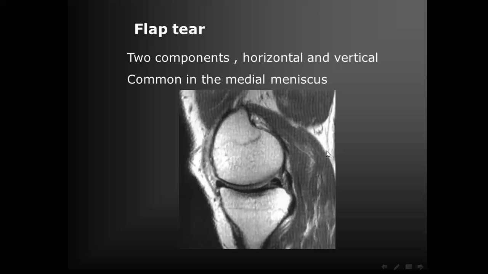And flap tear has one horizontal and one transverse component, so this one and that one, and it's common in the medial meniscus. Two components, horizontal and vertical. This one is the horizontal tear and this one is the vertical tear.